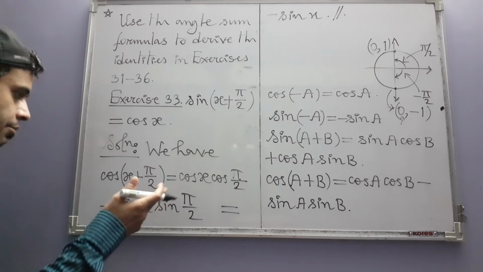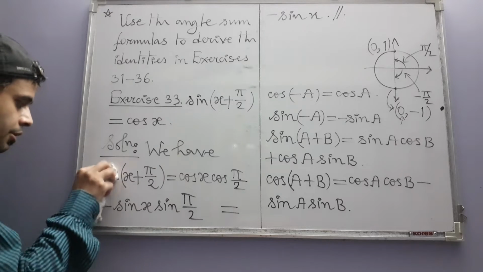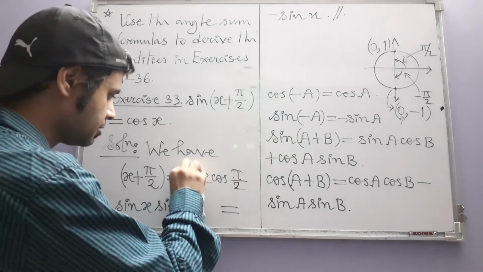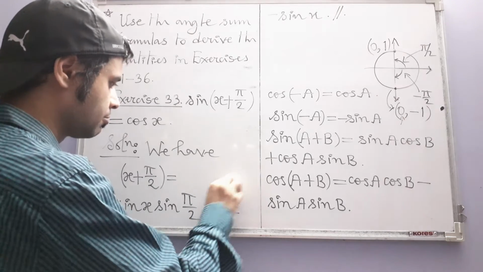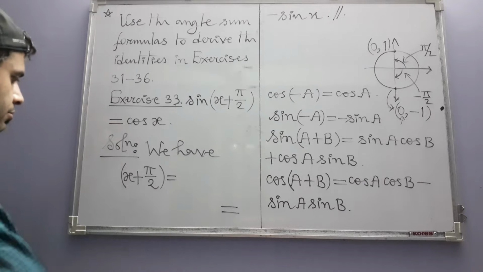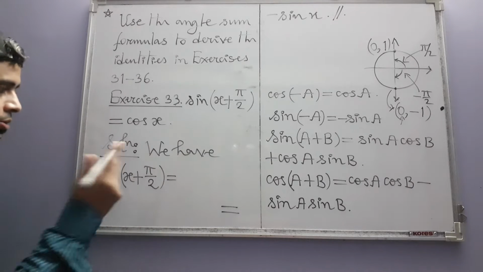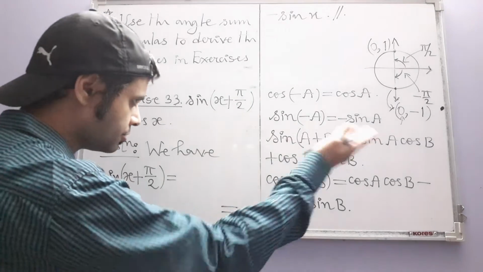So let's again modify this itself, but now we have to modify a lot because the function itself has changed. Sin of x plus pi over 2, so we are going to use this one.